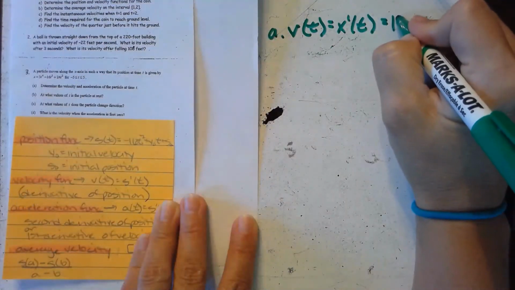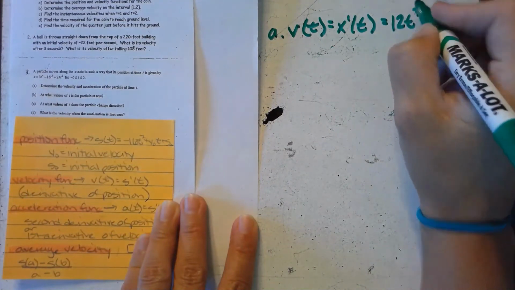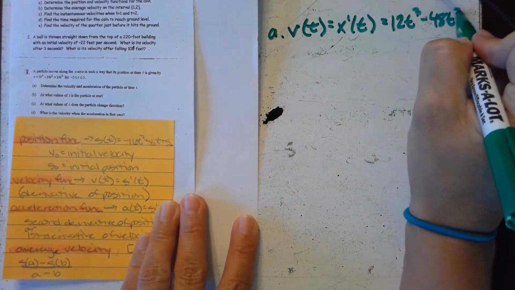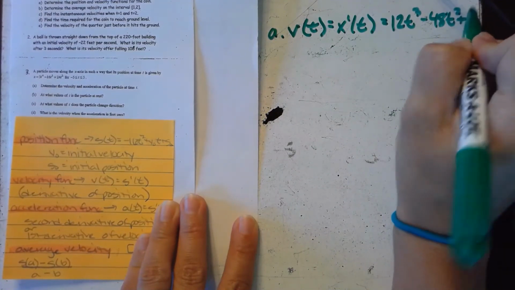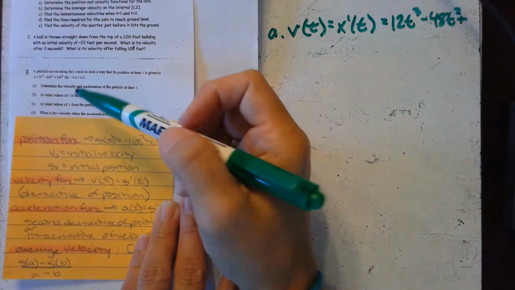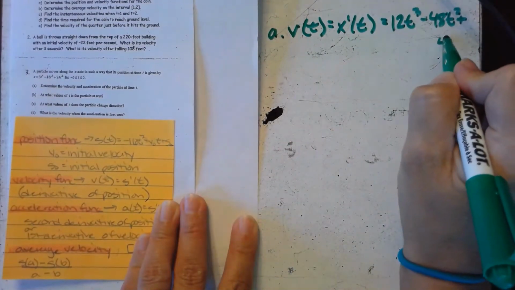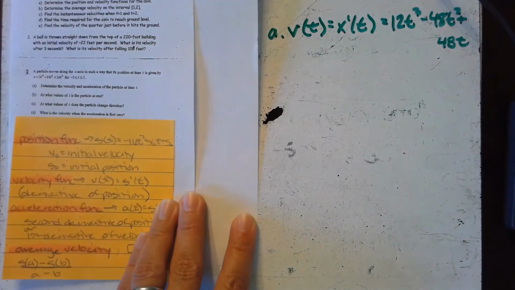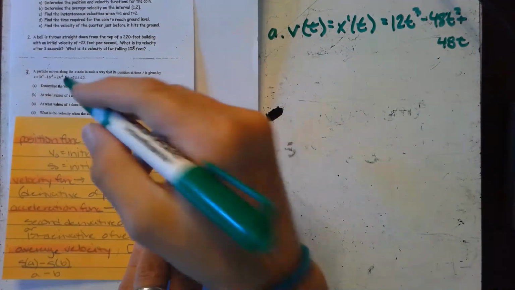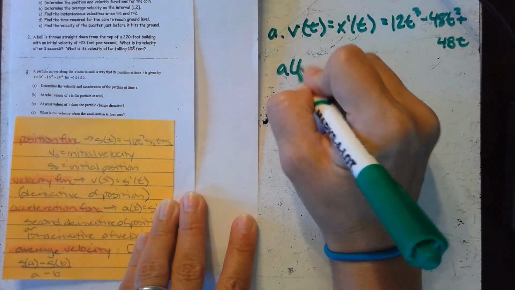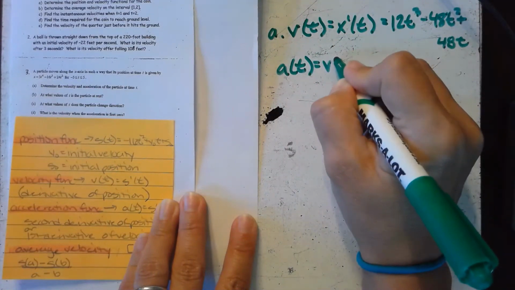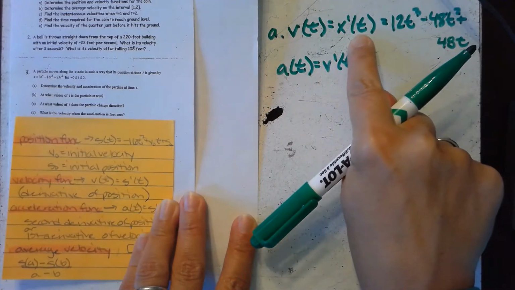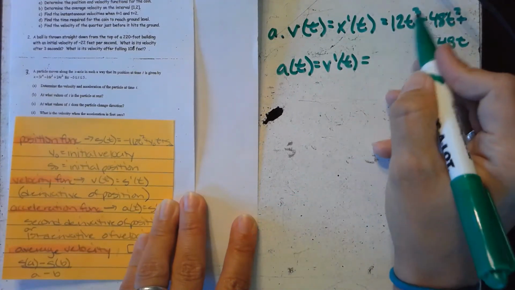So it's 12 t to the third minus 48 t squared plus, and I am running out of room, sorry about that, 48 t. Now the acceleration function is the derivative of the velocity, or you could say the second derivative of the position function. So I'm just taking the derivative of this.